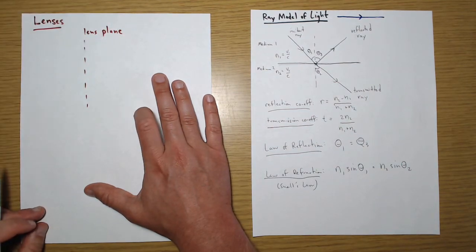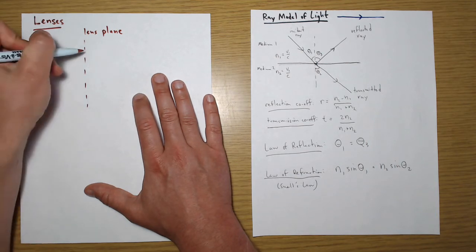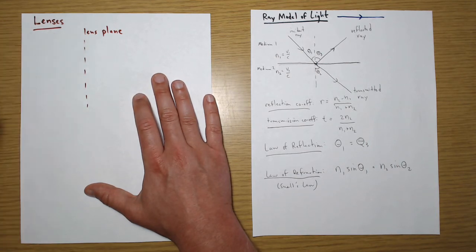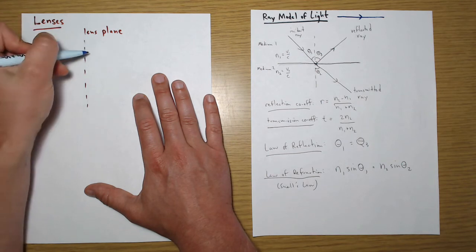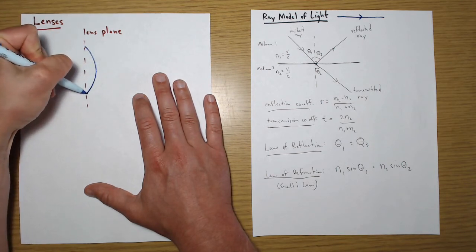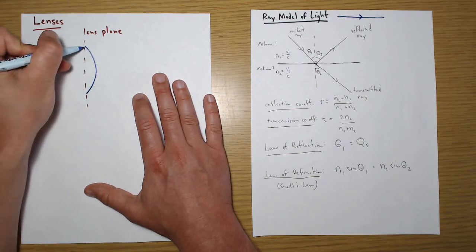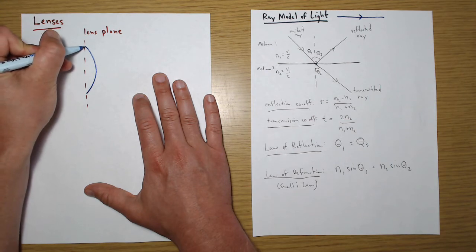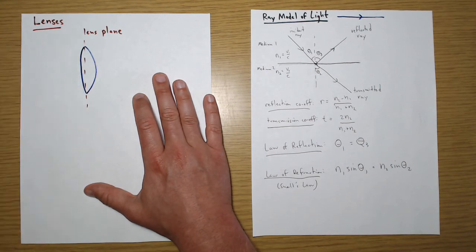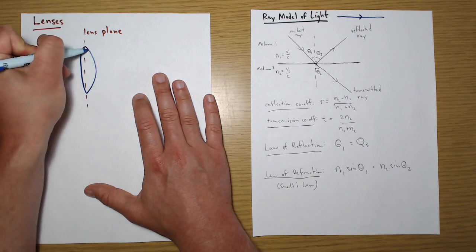And on my lens plane, there is going to be a lens, which will look something like this. I purposely am making each of these curvatures having a different radius.